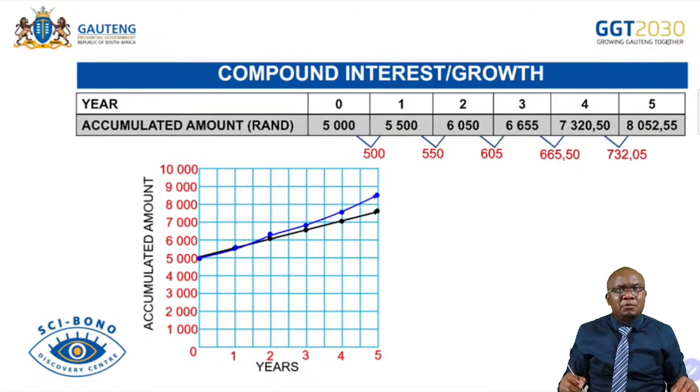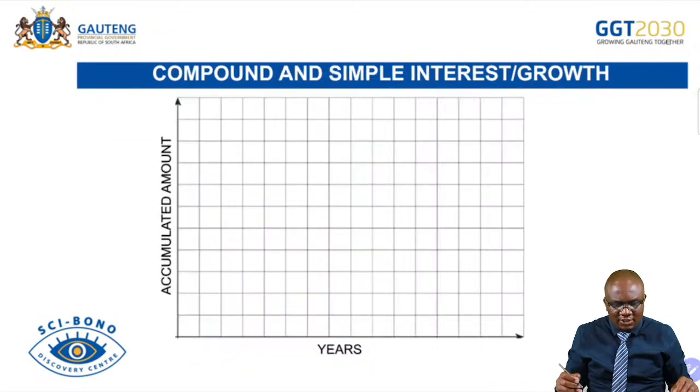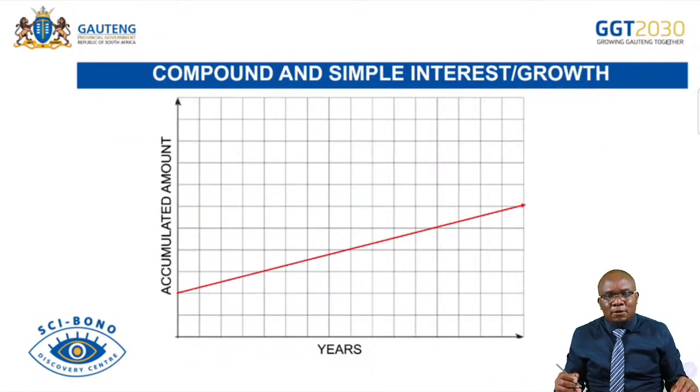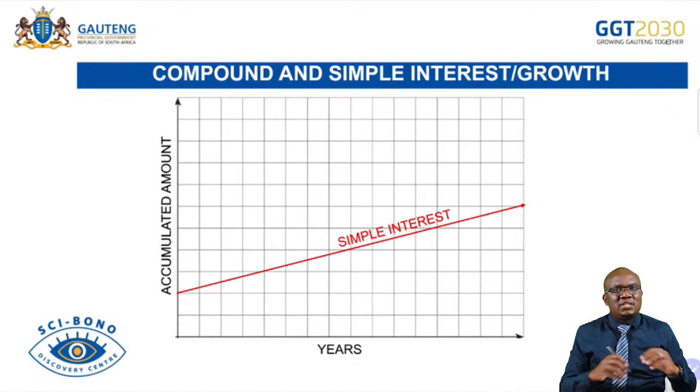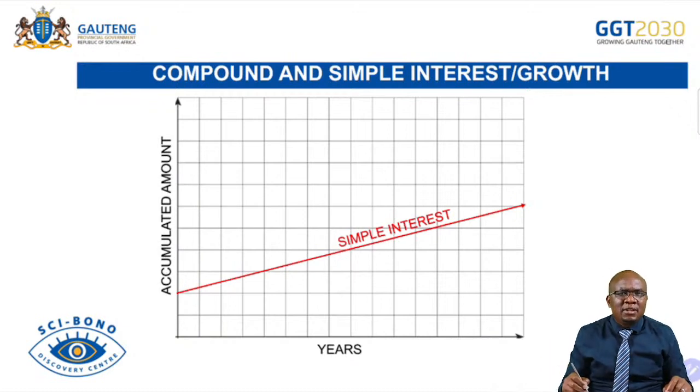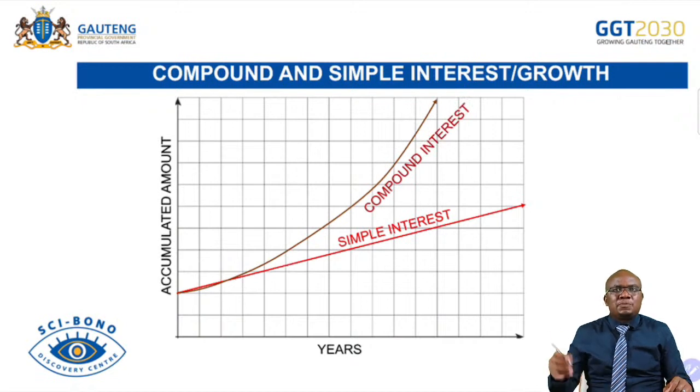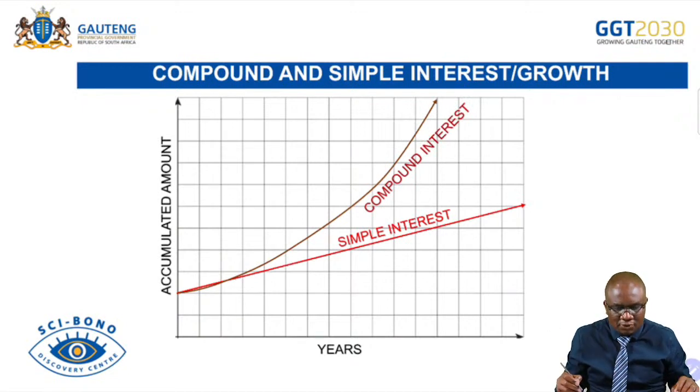If you look at the blue graph, it's like an exponential graph. Compound interest grows exponentially. Right. You see that? So this is the graph for simple interest, a straight line, and this is the graph for compound interest, which is exponential.